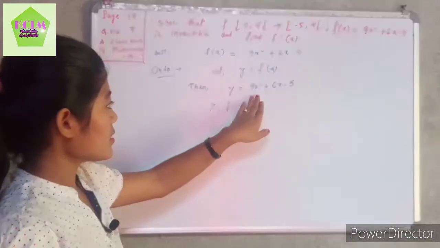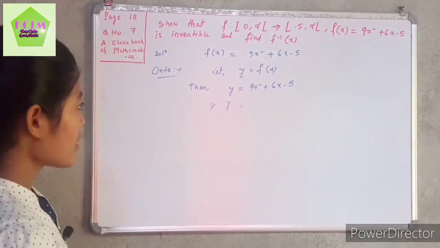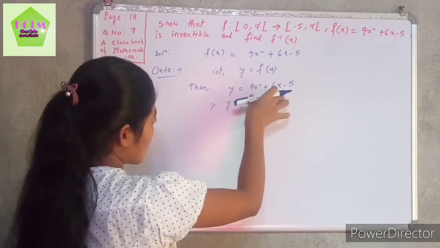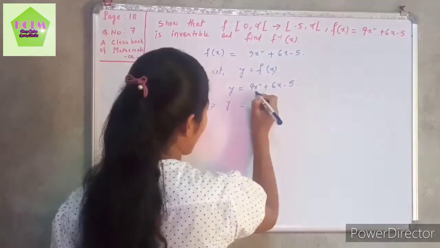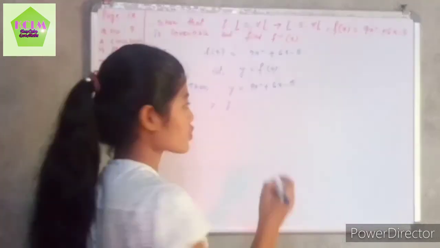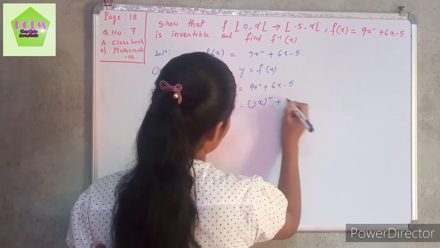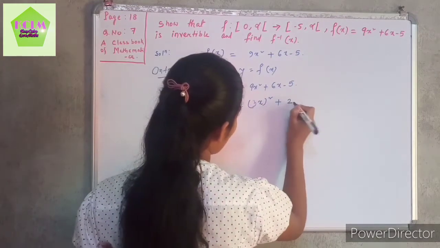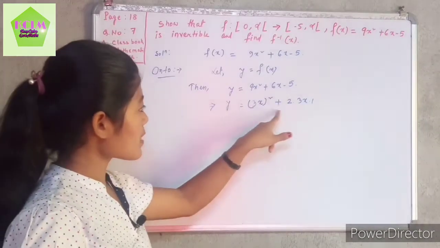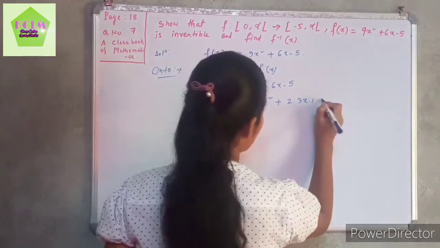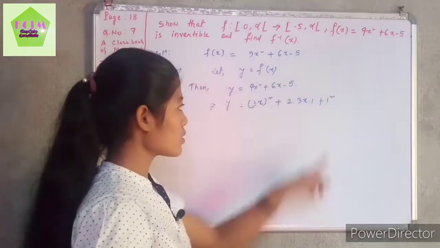Since there is a square term x squared, I will expand or simplify it in the form of a minus b whole square or a plus b whole square. Here 9x square means 3x whole square plus 6x can be written as 2 into 3x into 1, right? A square plus 2ab plus b square. Since I have taken 1 as b, so plus b square.